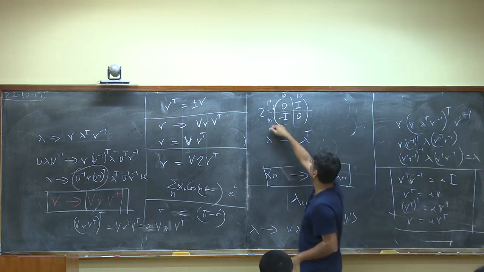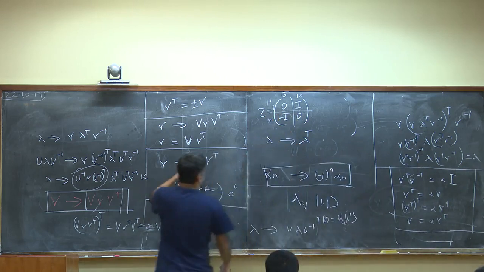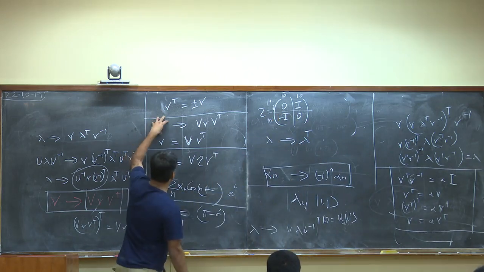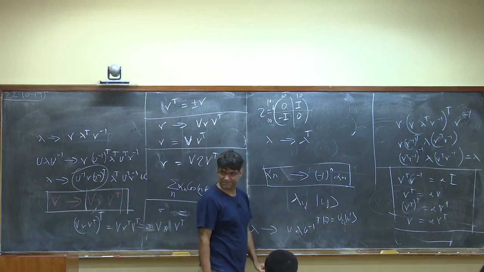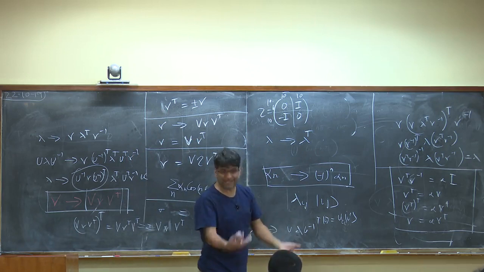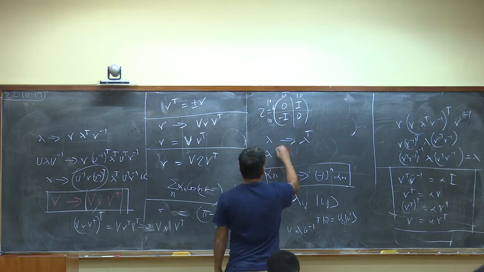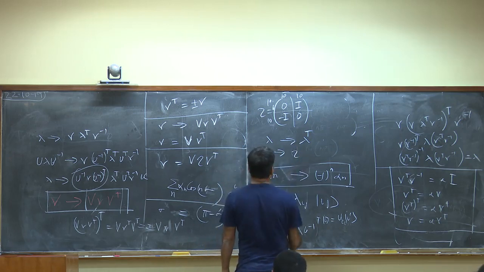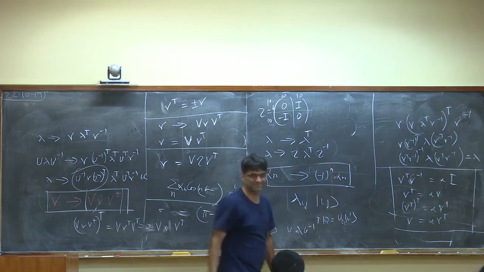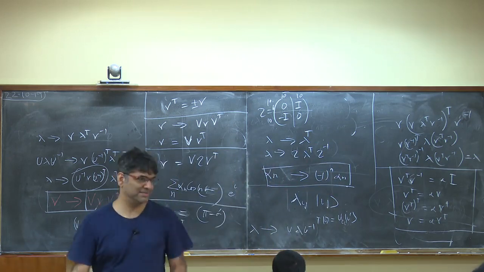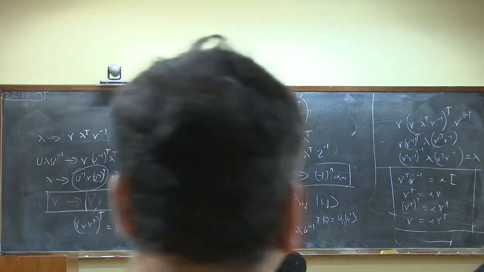So basically, what you're going to get is that gamma is either the identity, therefore lambda goes to lambda transpose, or gamma is the symplectic form, in which case lambda goes to eta lambda transpose eta inverse, with this very particular symplectic form matrix.